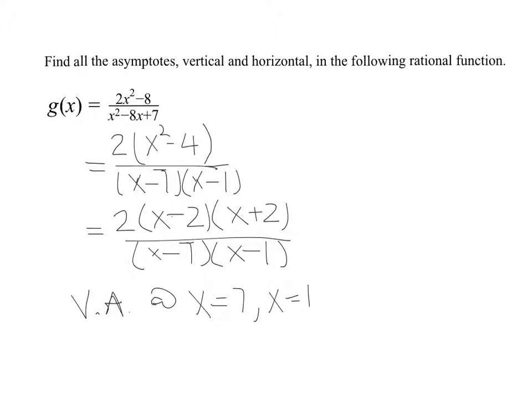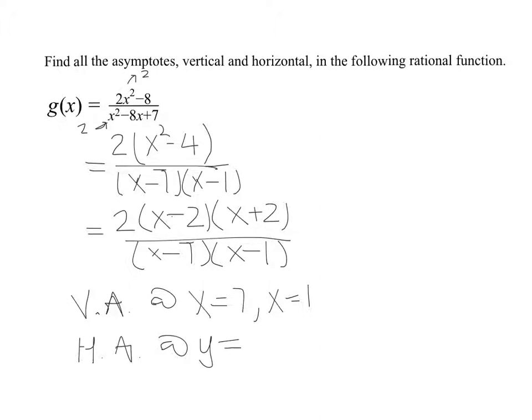Next, we want to identify a horizontal asymptote. And if we look back to our original function, the degree of our numerator is 2, and the degree of our denominator is also 2. So they're the same. So it is a horizontal asymptote. And because the degrees are the same, we're going to divide the leading coefficients of our numerator and denominator.